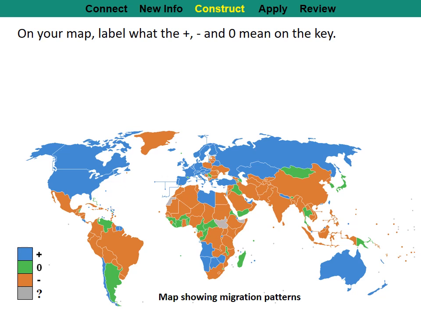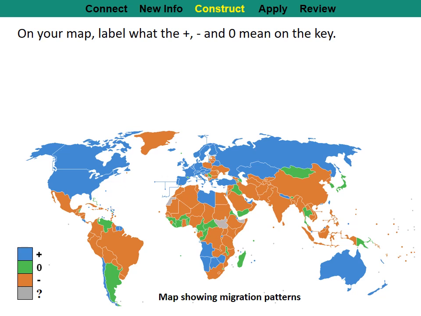Okay, so the plus then means countries where there are people moving into, so their population is growing due to people arriving in the country. Okay, so they have a higher level of immigration into the country. And the minus shows countries where there are more people leaving the country than coming in, so more emigration, people leaving.